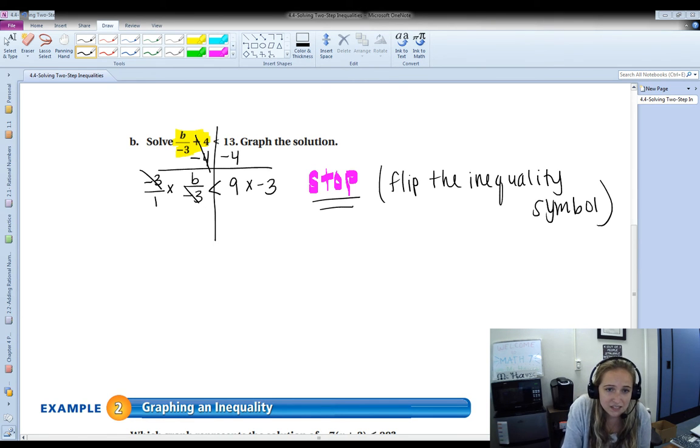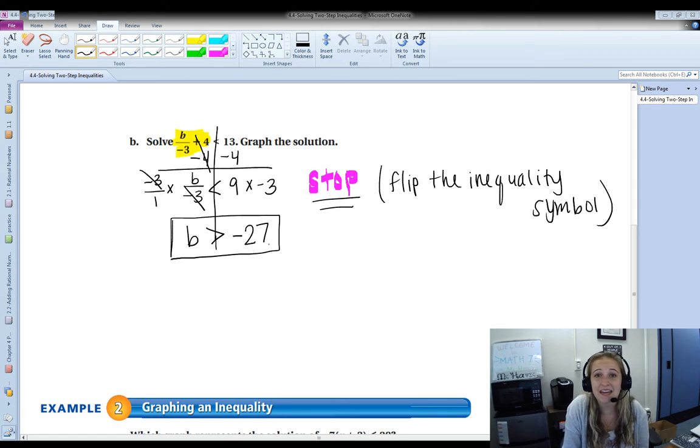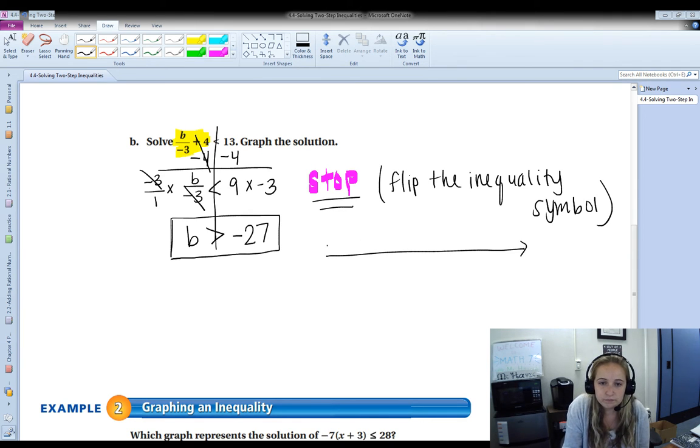So these are going to cancel. I'm going to be left with b. Rather than writing less than, it is now greater than. We flipped the sign. And 9 times -3 will give me a -27. All right, and that is my solution. b is greater than -27. Don't forget to flip the inequality symbol. Okay, so now we're going to draw our graph.